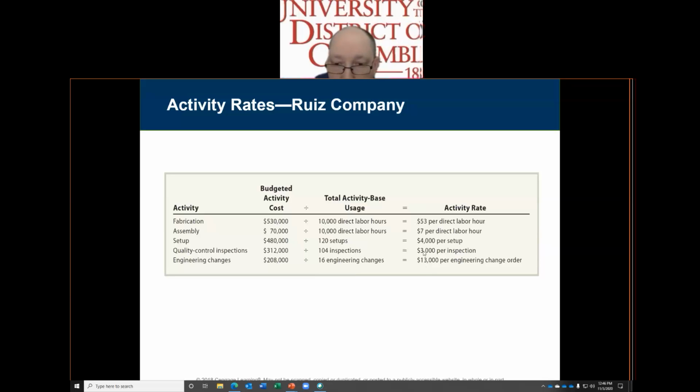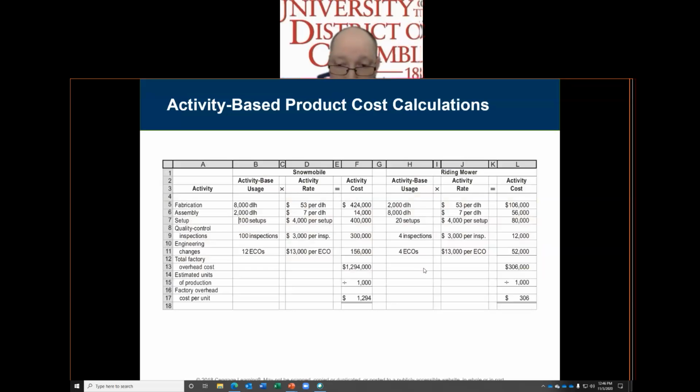You take all of these together, you divide that by 1,000. The reason for 1,000 is because it is 1,000 units that we expect to produce. That gets us to $1,294 per unit using activity-based costing for snowmobiles and $306 for riding lawnmowers.